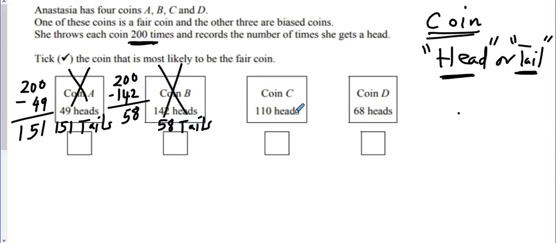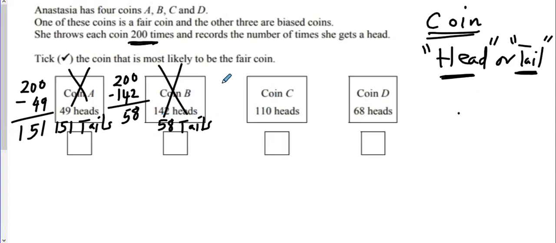This coin is not fair, because in order for the coin to be fair, the number of heads and the number of tails should be equal, or almost the same as each other. This coin is getting only 58 tails and 142 heads. This coin is not fair.